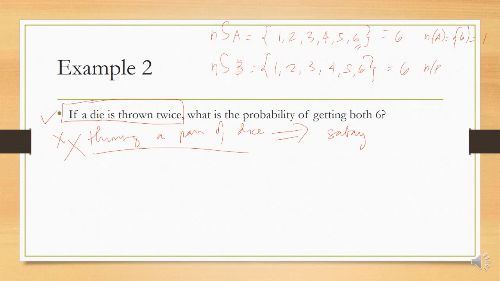Dito sa B, isa ulit ang iyong chances na makakuha ng 6. So, meaning, ang probability natin dito is actually n of A over n of S ng A times n of B over n of S ng B, which is 1/6 times 1/6. Meron ka ngayong 1 over 36.